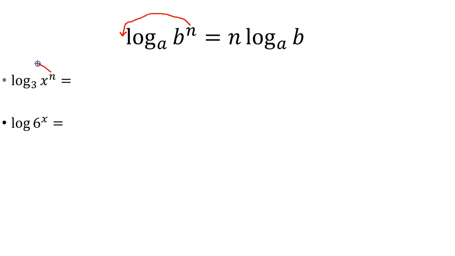If we bring this power out front, we're going to have n times log base 3 of x. And bringing this power out front, we're going to have x times the log of 6. Of course, that means log base 10. That doesn't mean log base 6. That's log base 10.